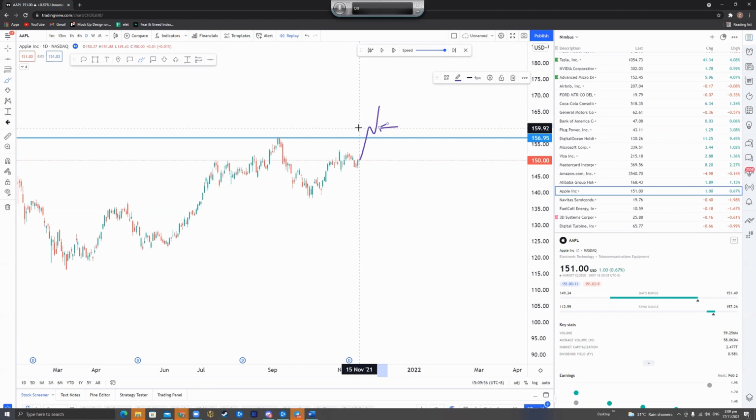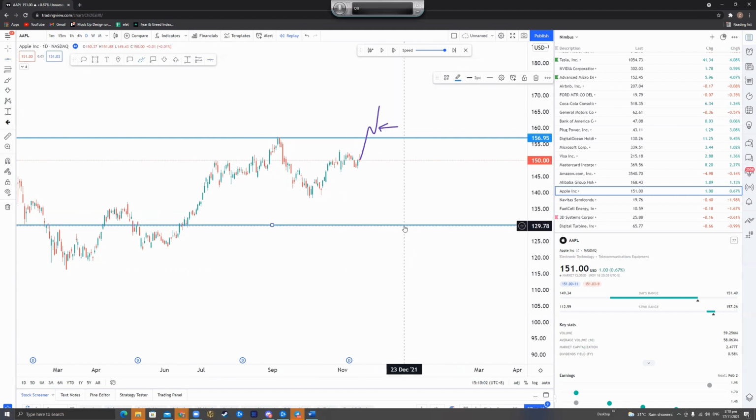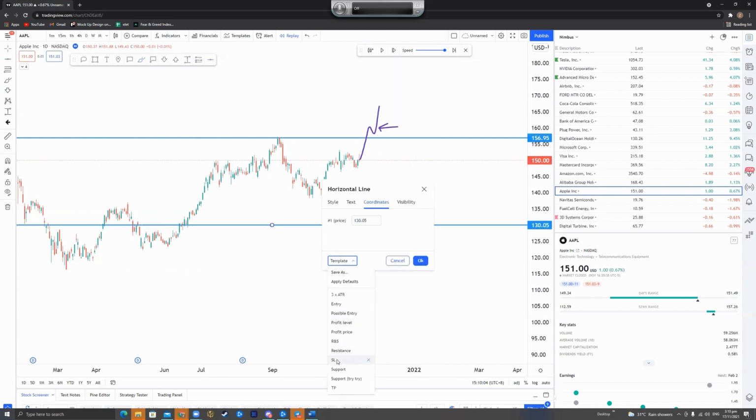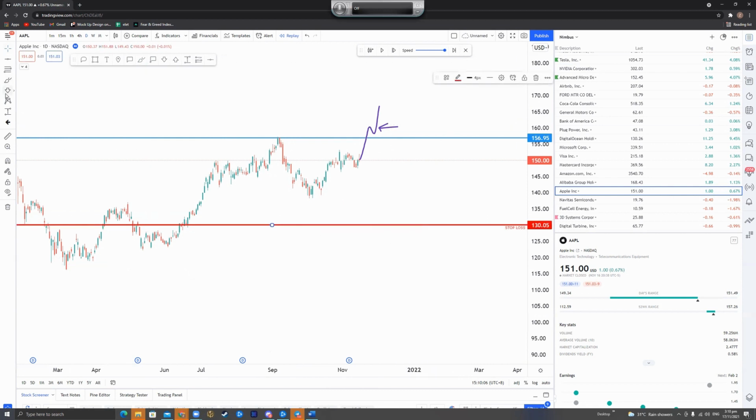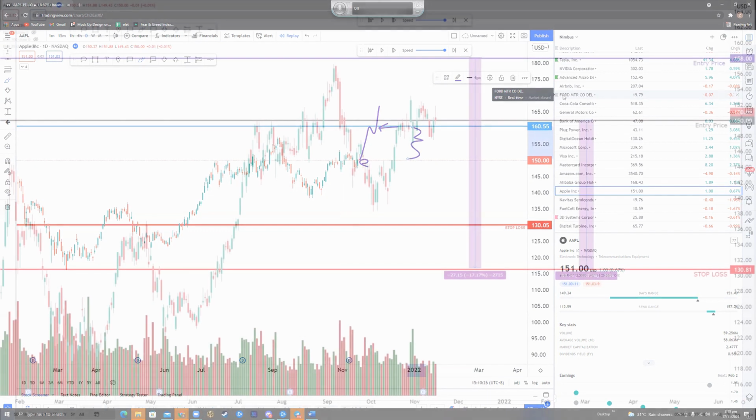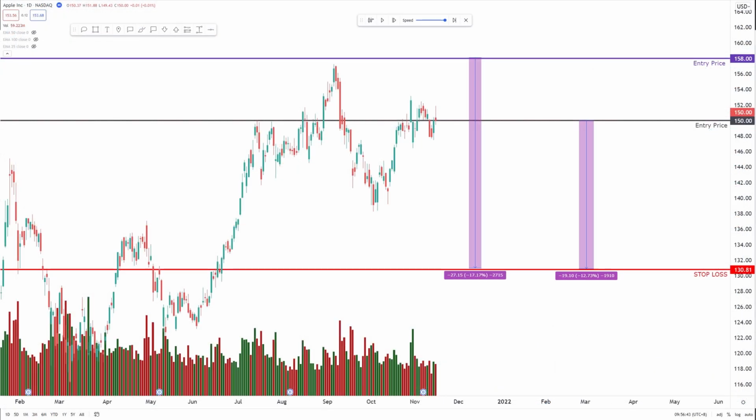So now that you are entering at a higher price, what you will realize is that your stop loss is now slightly wider compared to if you were entering at a price level of 150. Because of this, you might want to adjust your lot sizing so that you can maintain your risk.